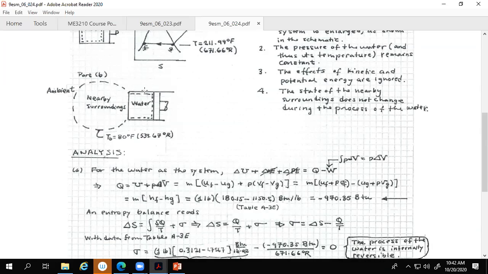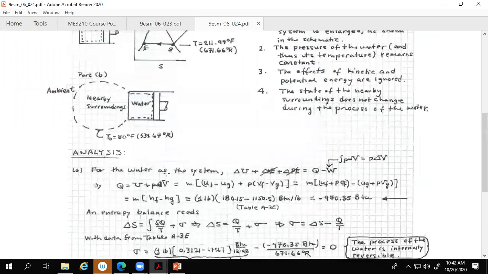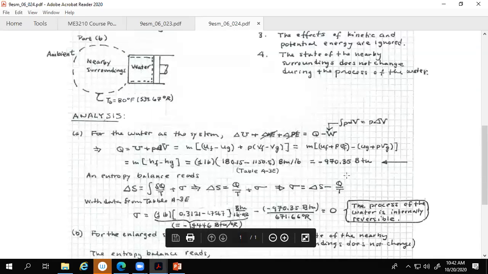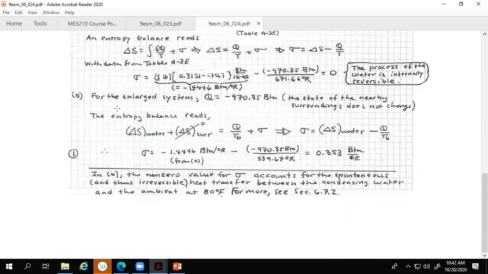We're not allowing any heat transfer from this cylinder now. But we still have to transfer the same amount of heat because we have to condense this, and we have to take out these 970.35 BTUs to go from saturated vapor to saturated liquid. So it still has to come out. For the enlarged system, Q is equal to negative 970.35 BTUs.